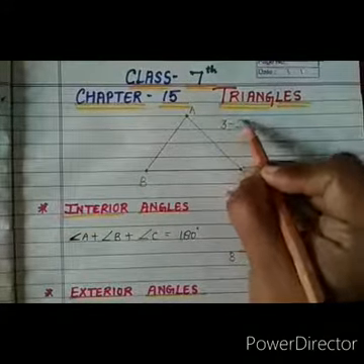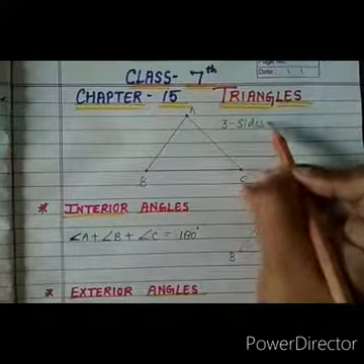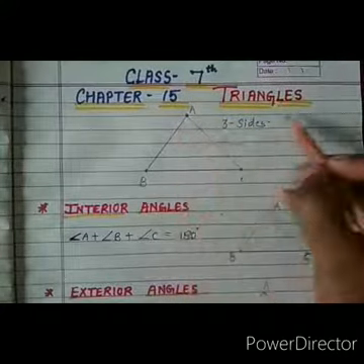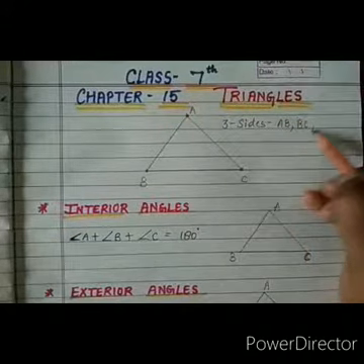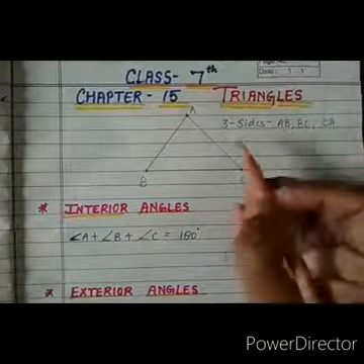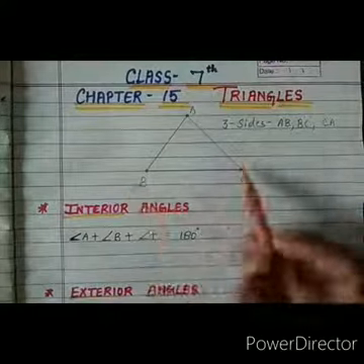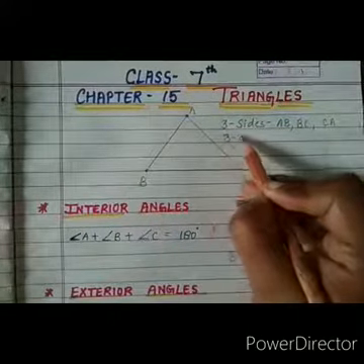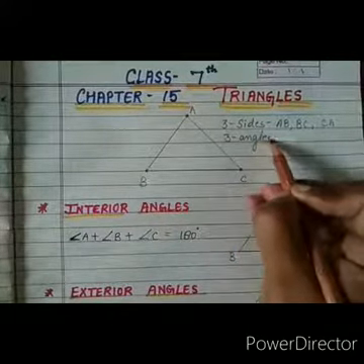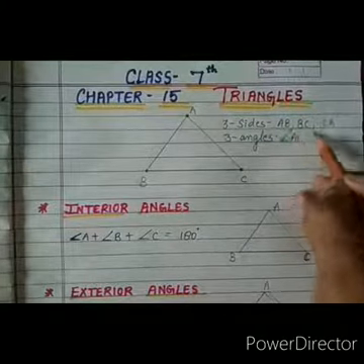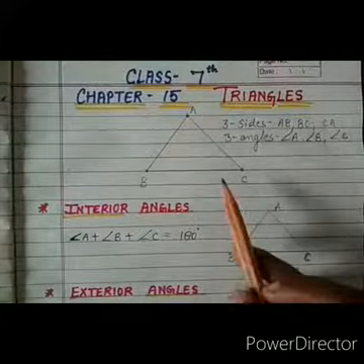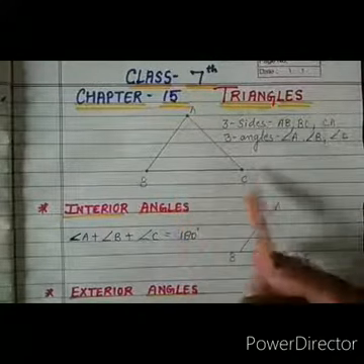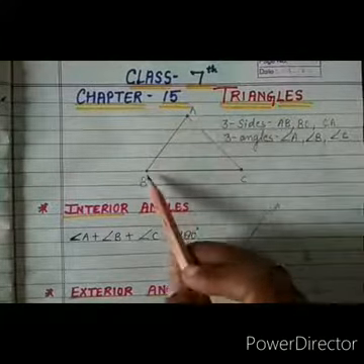A triangle always has three sides, that is, in this figure we have sides AB, BC and CA. And a triangle always has three angles. In this we have angle A, angle B and angle C. Now if three sides join together then they form vertices.